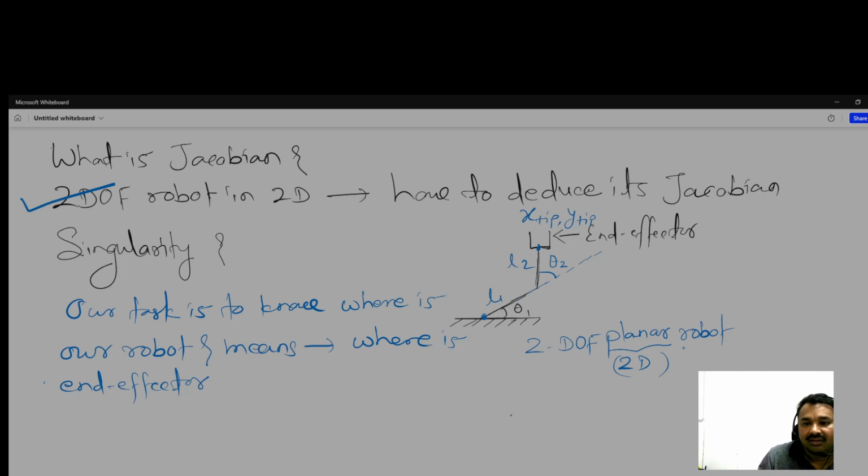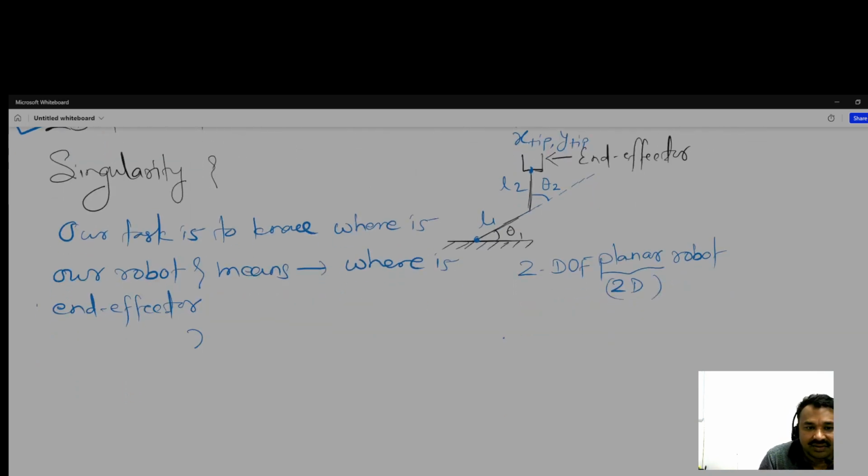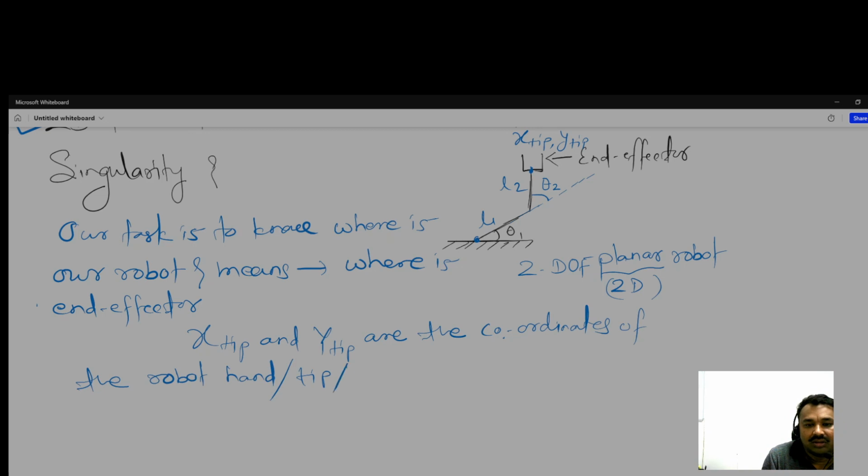These are the coordinates of the robot hand, or robot tip, or end effector. Okay, then how to get the coordinates?